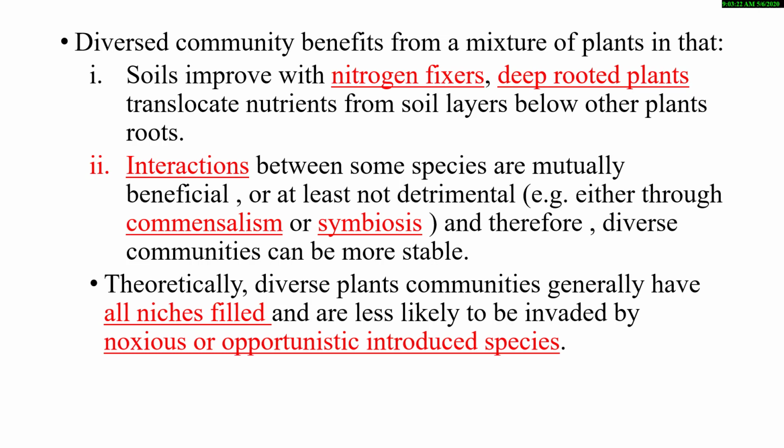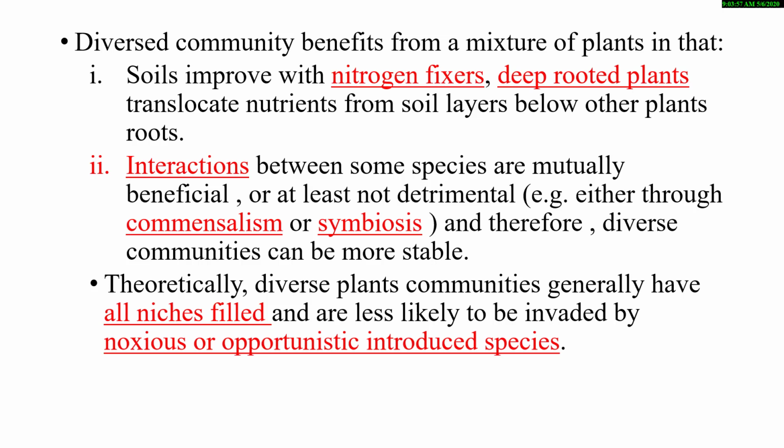Those that are deep-rooted are able to translocate nutrients from soil layers below other plants' roots. Nutrients that are leached beyond the reach of shallow-rooted plants are able to recycle. They are able to come to the upper horizons for shallow-rooted plants to utilize them. So it helps in translocation of nutrients. This is an advantage to such a diverse community.